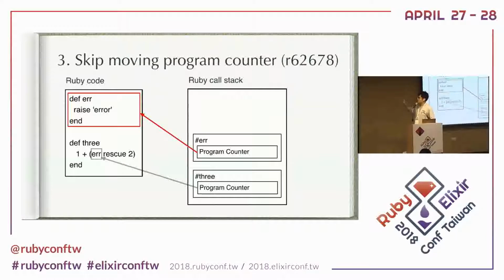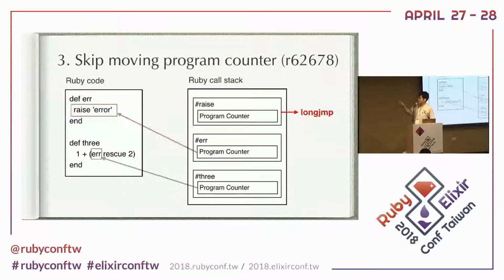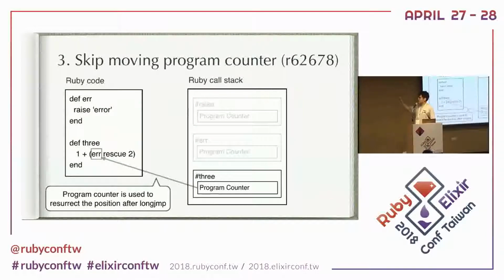Another frame is pushed to the Ruby call stack, and the error's program counter points to the error method, and it reaches the raise, and then raise is pushed, and it calls the longjmp function. And when longjmp is called, it erases the raise and error call stacks, and the program counter.